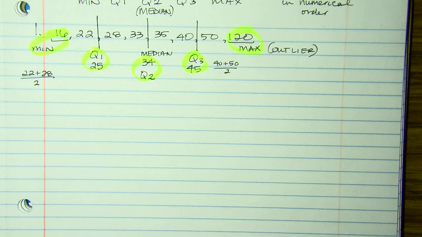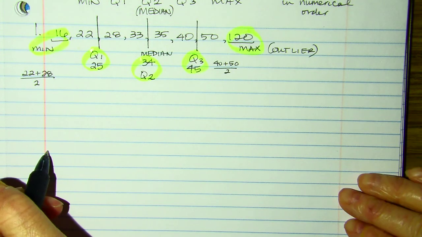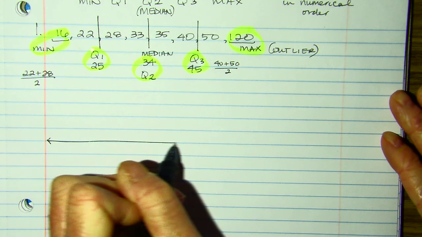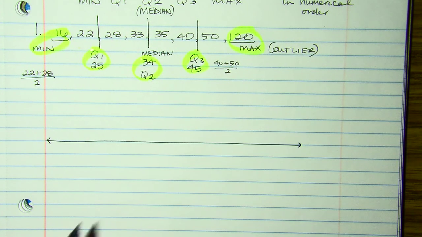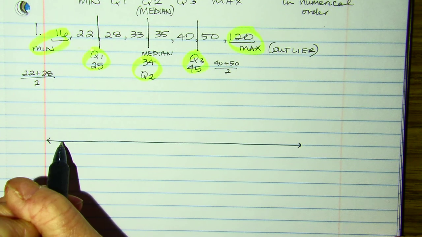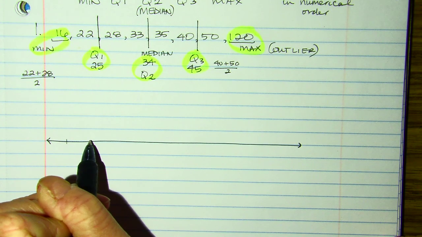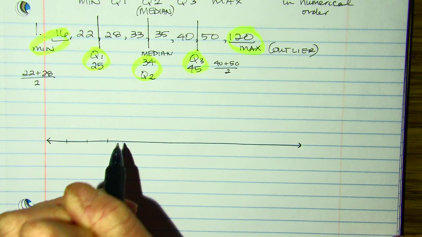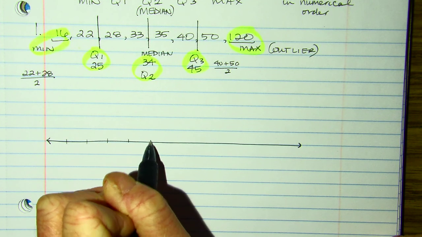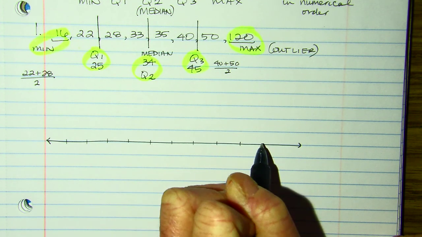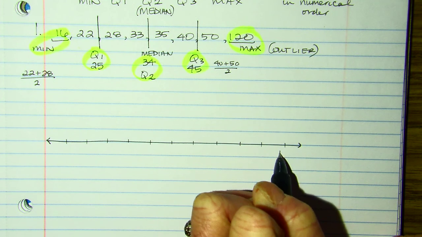So the first thing I'm going to do is draw a number line, and I have to include all of our data. So I'm going to start with, I'm going to go by 10. So 10, 20, 30, 40, 50, 60, 70, 80, 90, 110, 120.